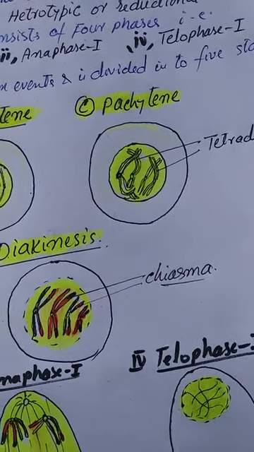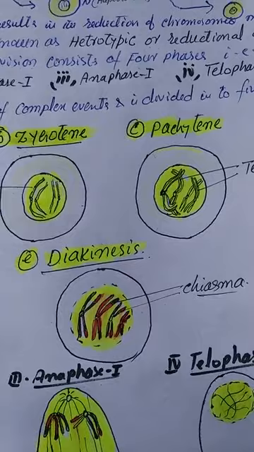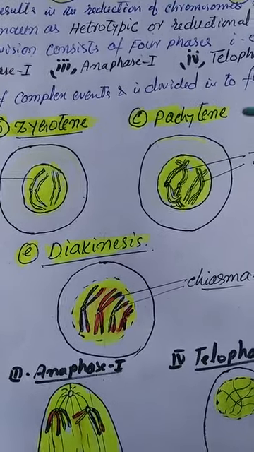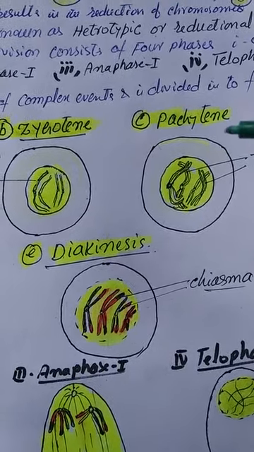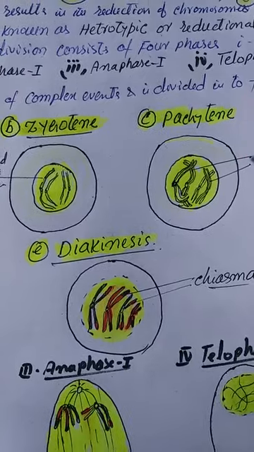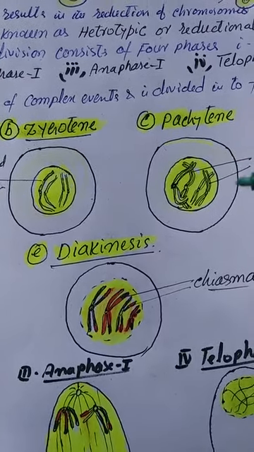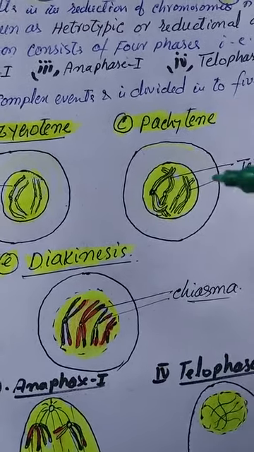Now recombination nodules, the sites of crossing over, appear. Crossing over is catalyzed by enzymes like recombinase.